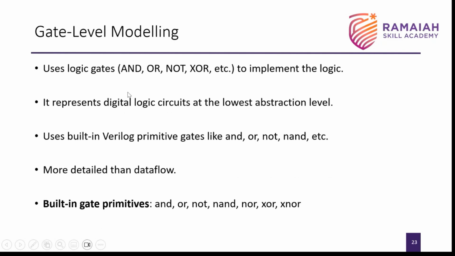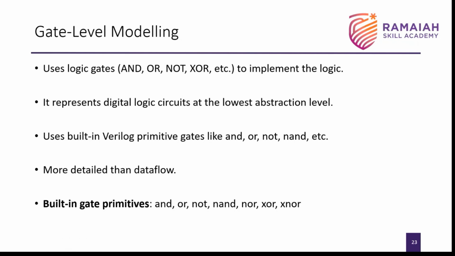Now, gate level modeling, as I said, uses logic gates to implement the logic. We directly use the keywords and, or, not, XOR, etc. You don't have to worry about whether it should be the ampersand symbol for AND or a pipe for the OR gate. So this is the lowest abstraction level, but it is more detailed than data flow.